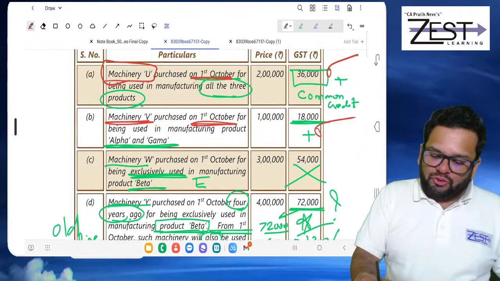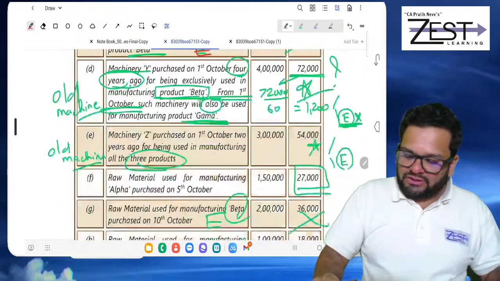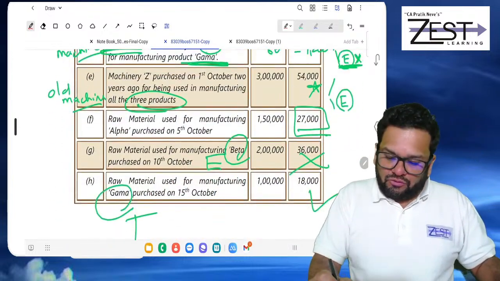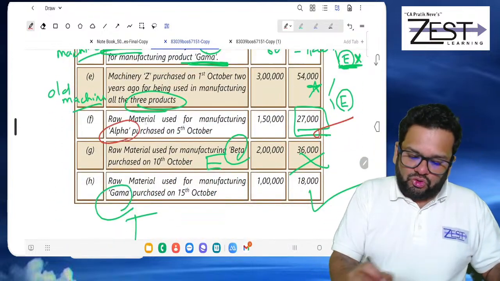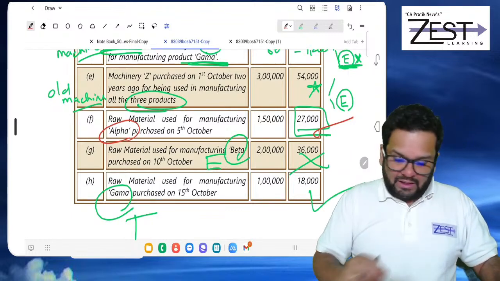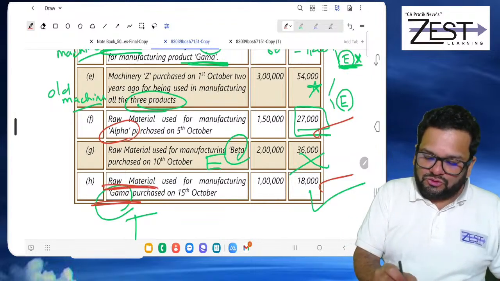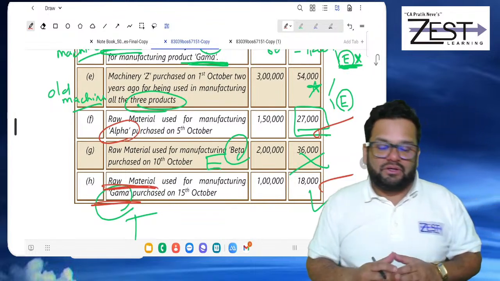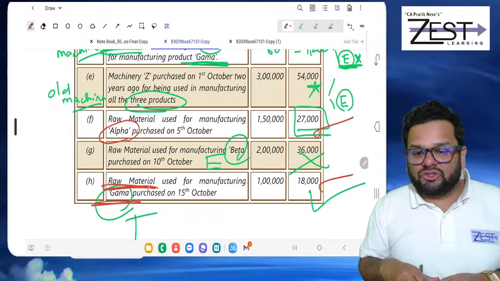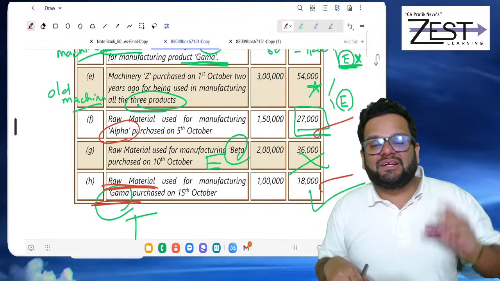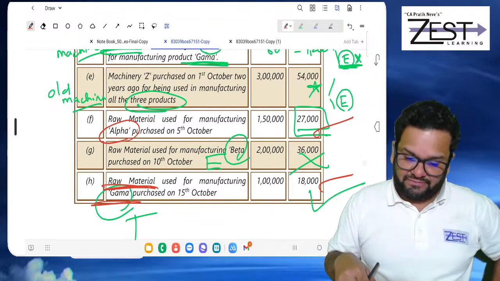On machine W you cannot take ITC because it is used only for exempt. Take ITC of 27,000 used only for taxable, and take ITC of this gamma, which raw material used for gamma, 18,000. So can you tell me how much total ITC you are crediting to e-credit ledger?